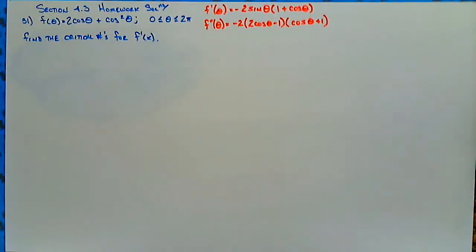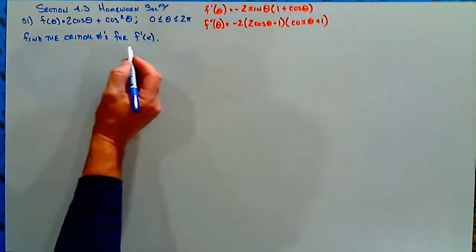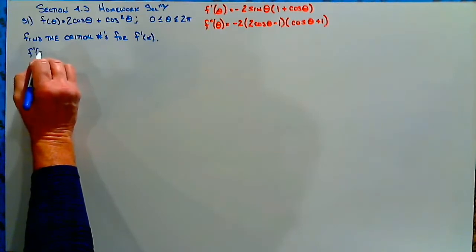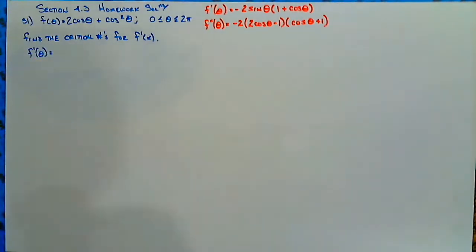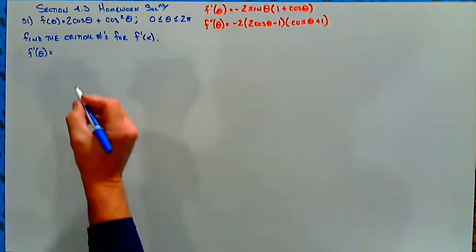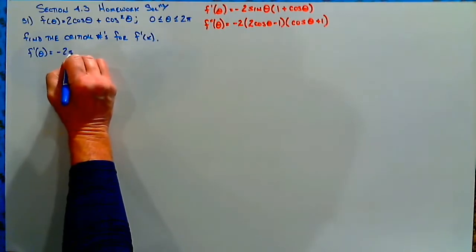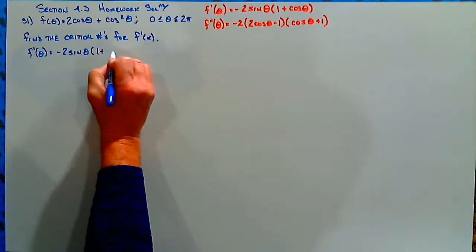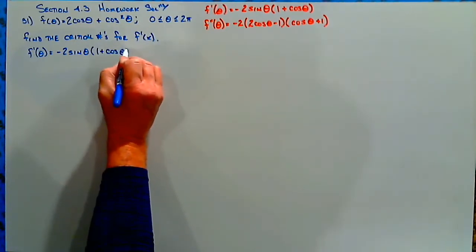Well, we're going to take f prime of x and set it equal to 0. So we have f prime of theta, which equals negative 2 sine theta times 1 plus cosine of theta.